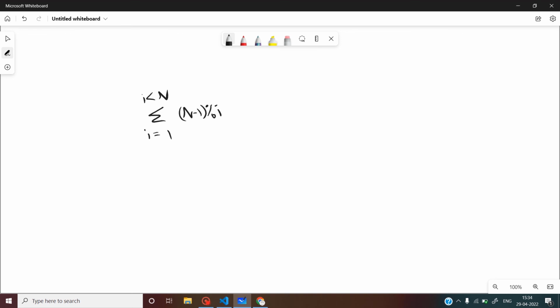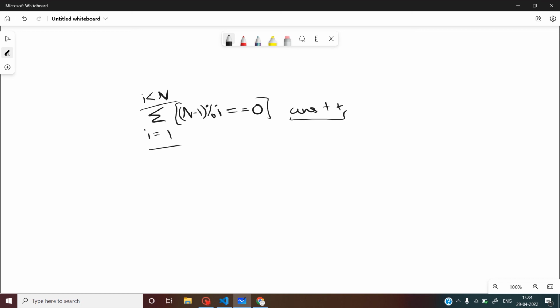If this I divides n minus 1, then we will include this in our answer. We will increment our answer. So for each I from 1 to n minus 1, we will check if this I divides n, and then we will increment our answer.